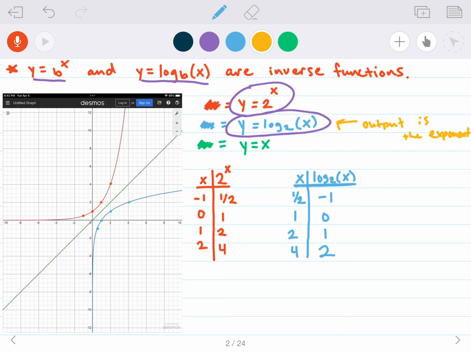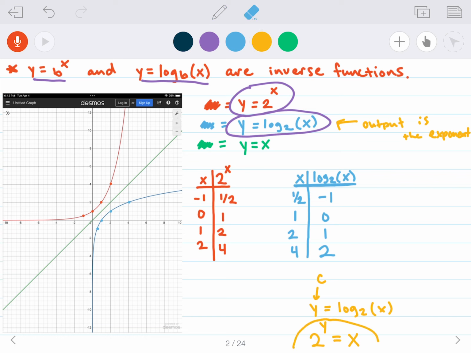Because remember we had y equals log base 2 of x, and sometimes we thought of y as c. So the way that we wrote this was 2 to the c, or 2 to the y, equals x. Okay, so our output is going to be the exponent that makes this true.